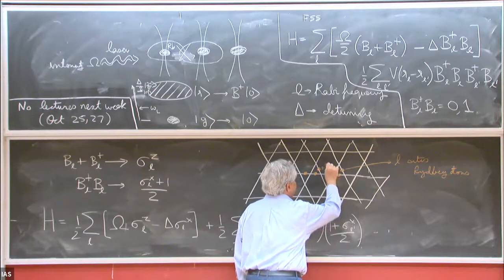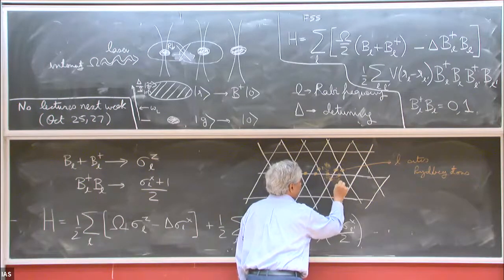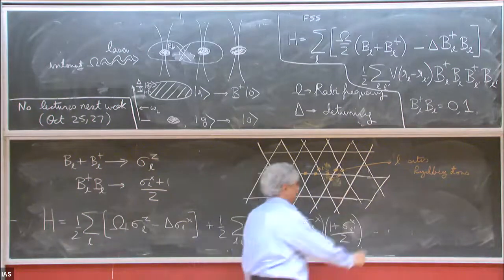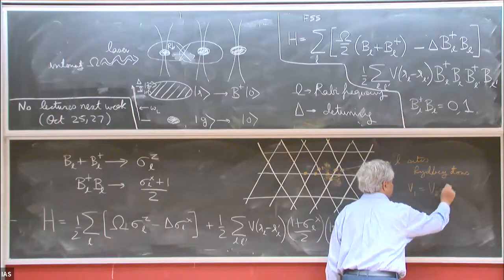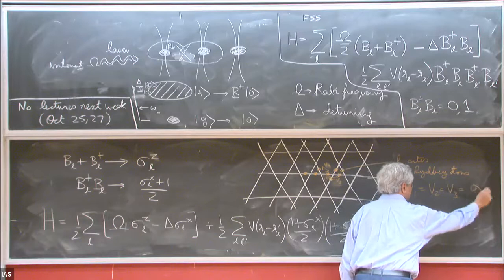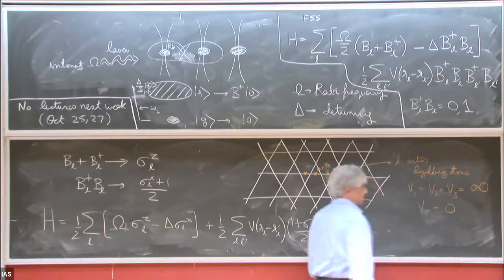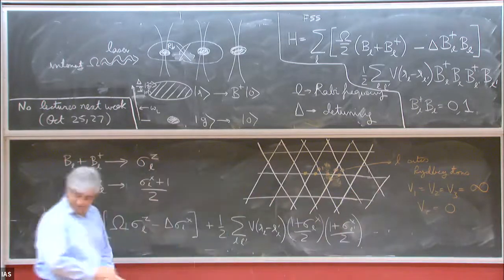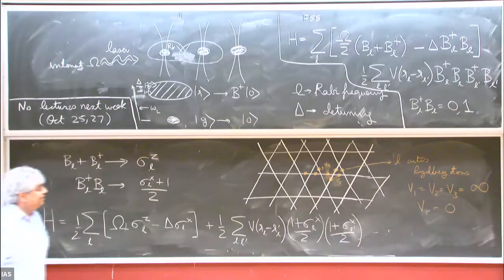That's the second neighbor, this is V2. This is the first neighbor, V1, and that's V3. So we're going to take V1 equals V2 equals V3 equals infinity, and all other V will be 0. So let's just start from that limit, where things become evident about why this is a gauge theory.